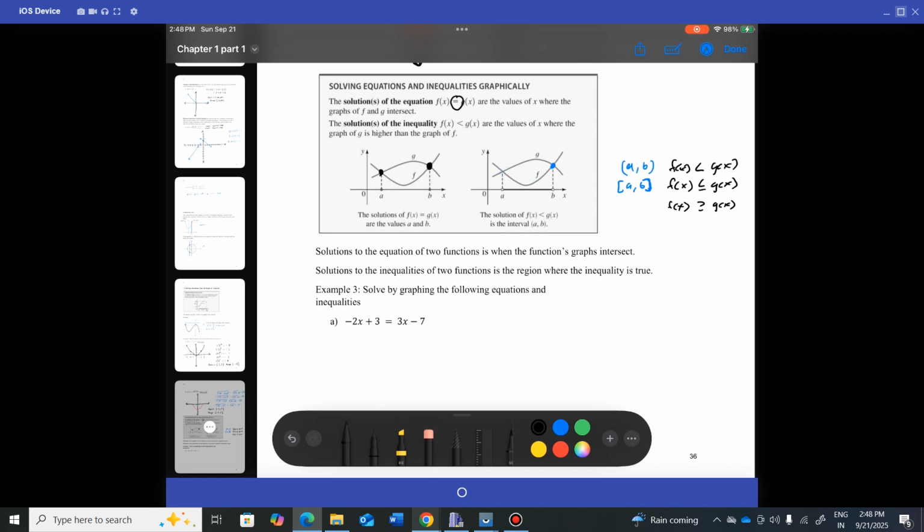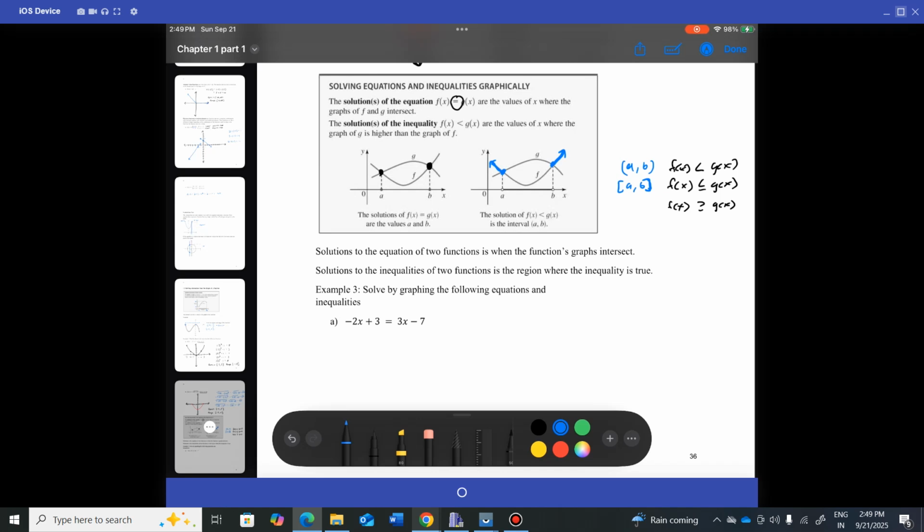I'm sorry. Not there. That's not where g of x is greater. It's going to be where f of x is greater. So here and here. And let's assume that this goes out to infinity just to make it easier to write.